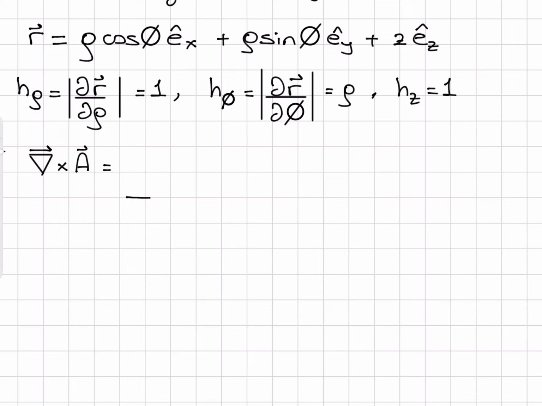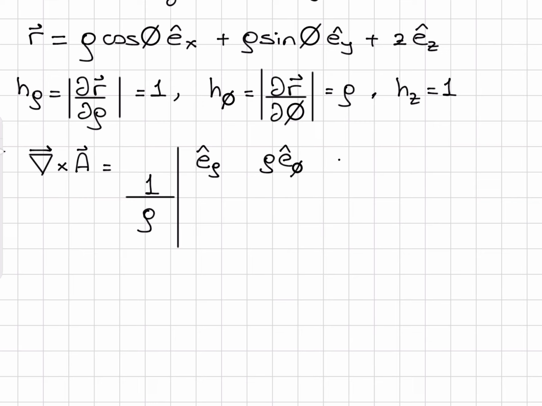So it's going to be equal to 1 over rho times 1 times 1. The determinant: h rho e rho hat, which is e rho hat, h phi e phi hat, which is rho e phi hat, and h z ez hat, which is ez hat.